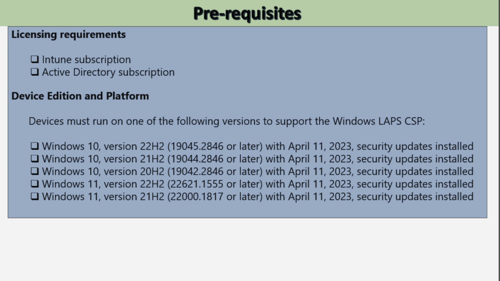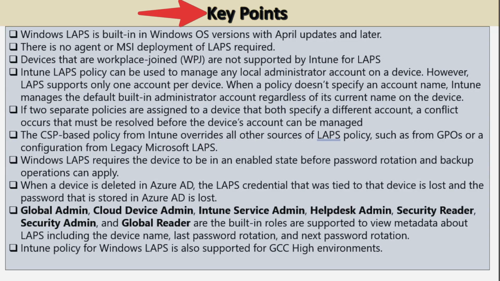For Windows 10 devices, version 22H2, 21H2 or 20H2 should have the April 11, 2023 security update installed. And for Windows 11 versions 22H2 and 21H2, both versions should have the April 11, 2023 security update installed.